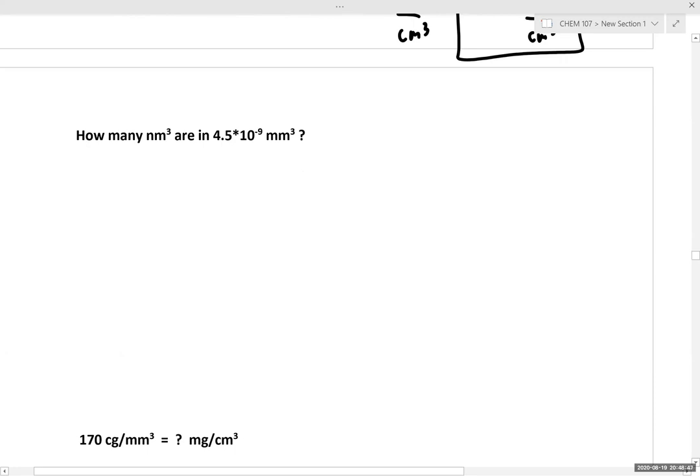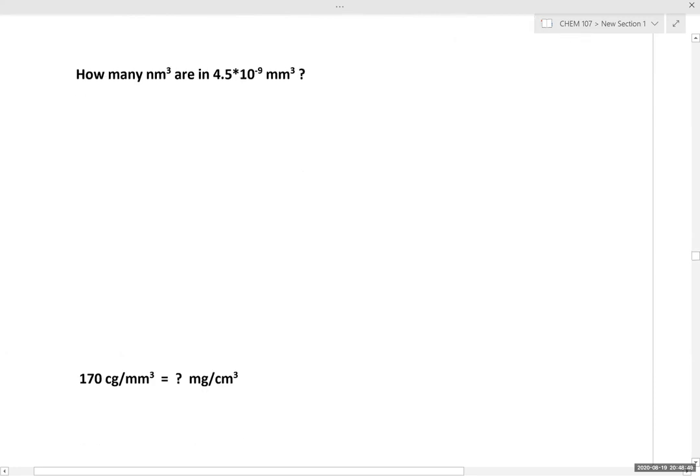So now that we've seen another representative example, let's do another 2 practice problems. Let's work on this first cubic unit conversion. Let's spend about 3 to 4 minutes working through it, and apply what we've learned to refine our problem solving process.